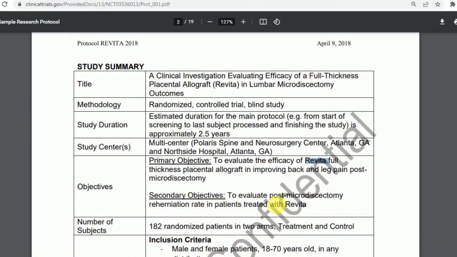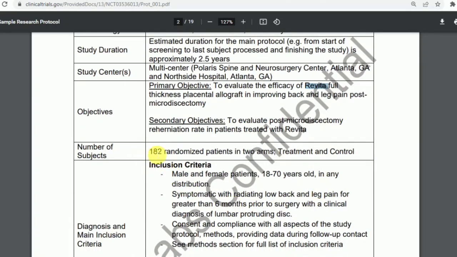Secondary objective, to evaluate post microdiscectomy herniation rate in patients treated with Revita. Number of subjects. So here, 182 randomized patients in 2 arms, treatment and control. So 182 randomized patients are enrolled for this particular study.